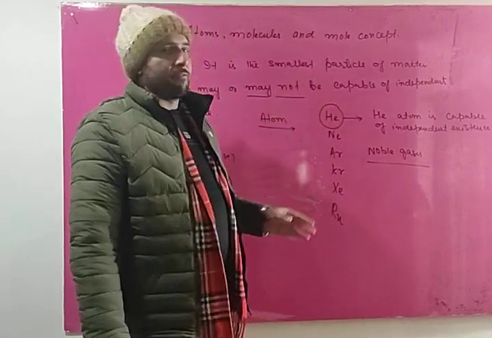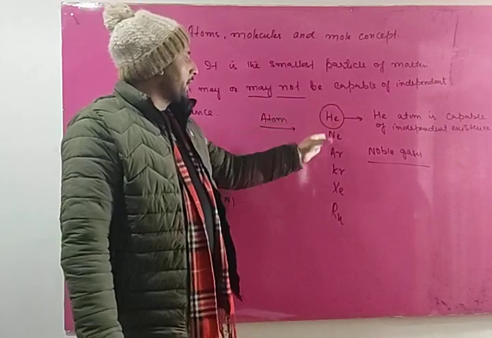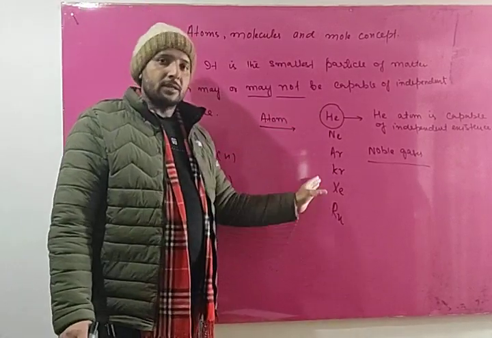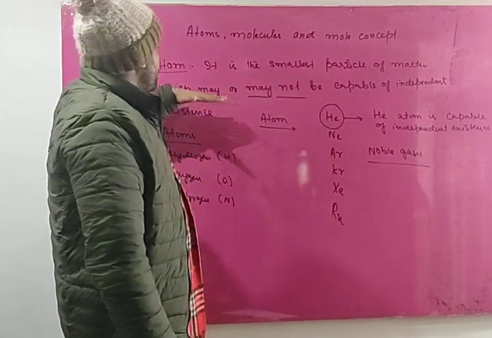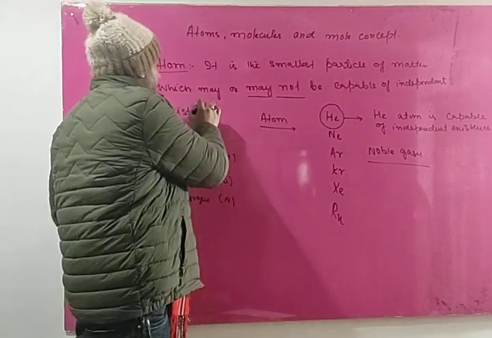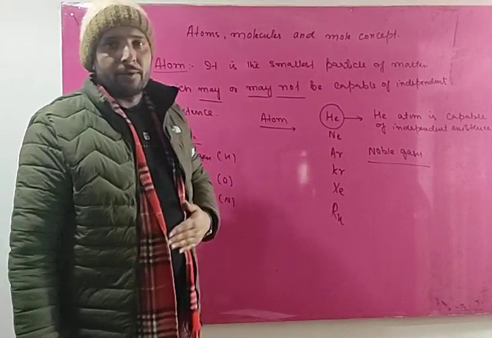तो पहला पार्ट जो डेफिनेशन का है एटम का वो हमारा यहां पे एक्सप्लेन हो रहा है, रादर, दैट एटम इज द स्मॉलेस्ट पार्टिकल व्हिच मे be capable of independent existence.